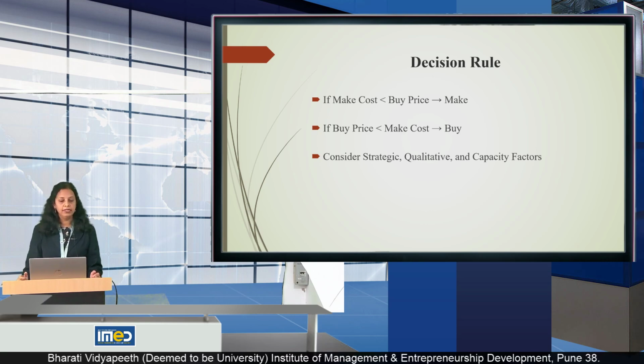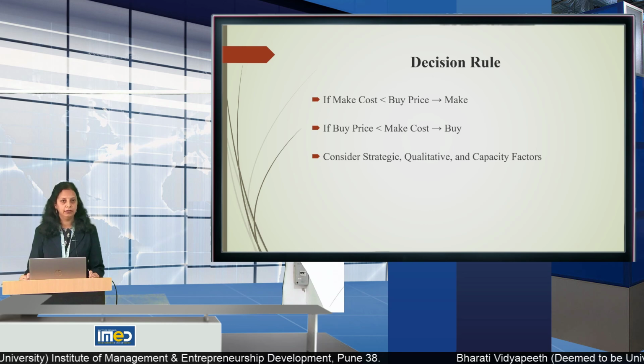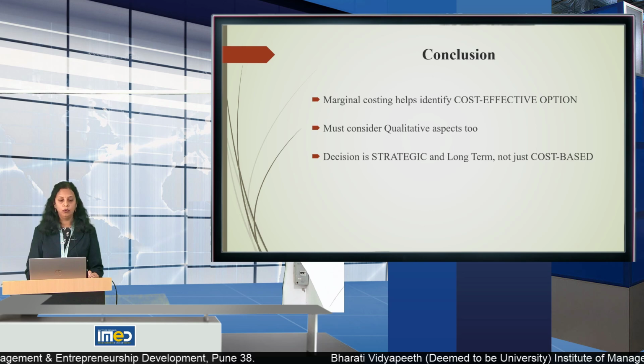If the buy price is less than the make cost, you have to buy it from the supplier. And then you have to also consider the strategic, qualitative and all capacity factors. So overall, the decision has to be taken by considering various factors. Then only the decision will give a good output.